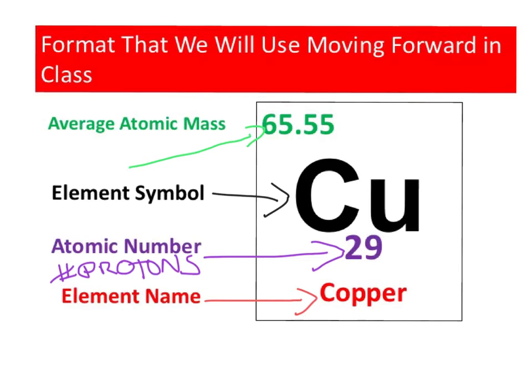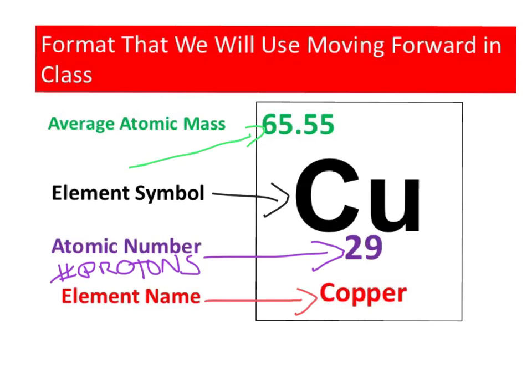Case in point, potassium is represented by the letter K on your periodic table, but the name starts with P. Sodium starts with an S and an O, but the element symbol is Na.